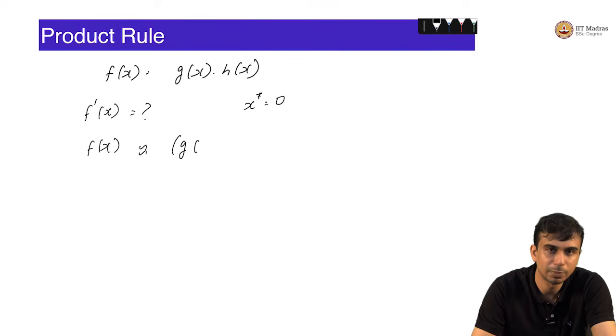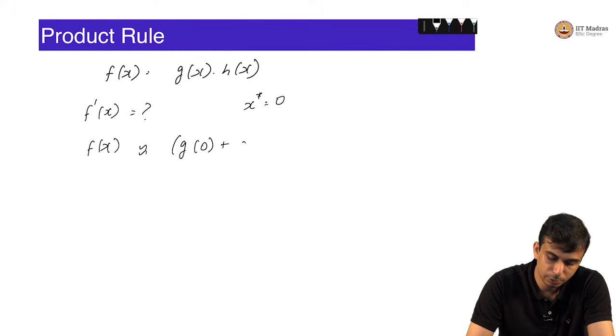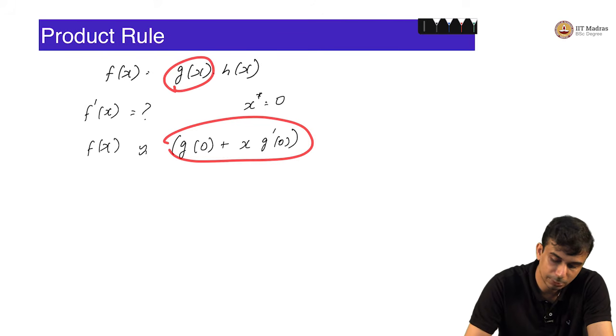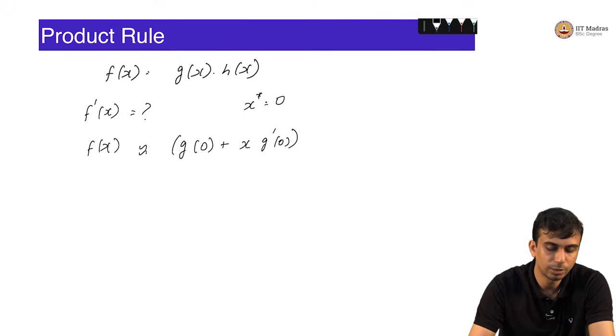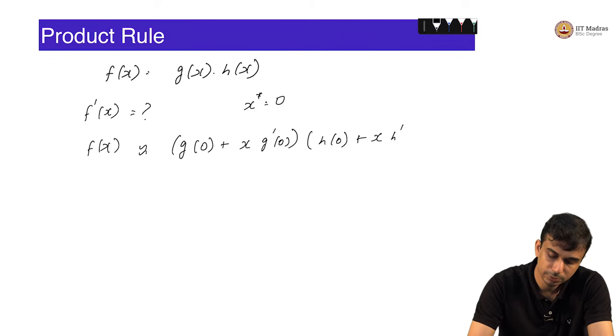You can pick any x star, but life will be easier if you pick x star equal to 0. g of 0 plus x times g dash of 0. This is simply the linear approximation of g of x around x star equal to 0. h of x would be h of 0 plus x into h dash of 0.